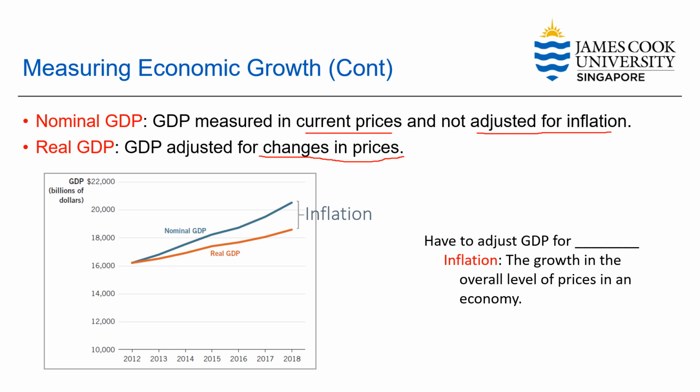As a result, if we want to plot the nominal GDP and the real GDP growth on a diagram, we could find, for example, on this graph, the nominal GDP has a higher value than real GDP in every year within this observation period. And their difference is in fact the inflation.